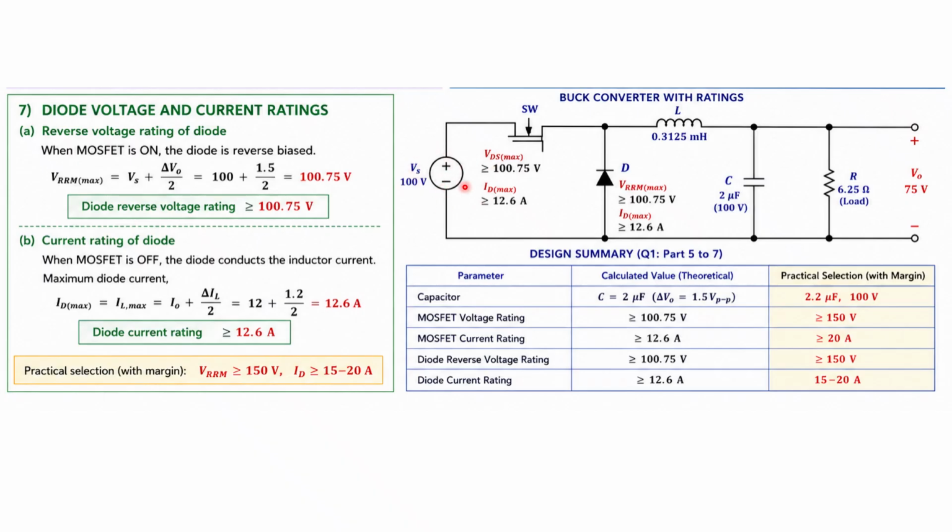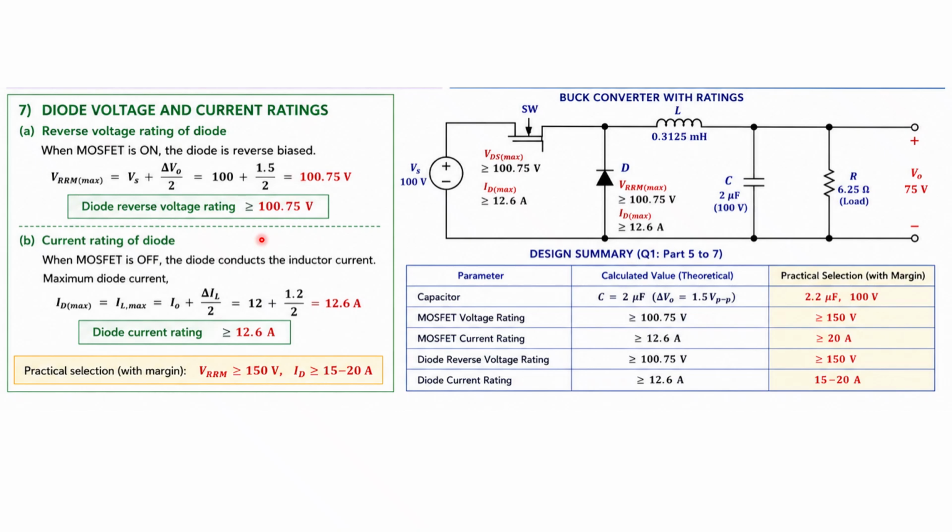So we have to consider Vs plus delta V naught by 2, that is Vs is 100 volt, delta V naught is 1.5 divided by 2, so 100.75. So the diode reverse voltage rating should be above 100.75 volt.